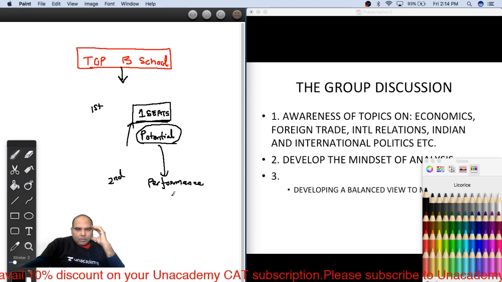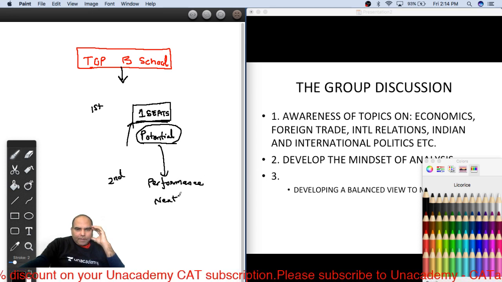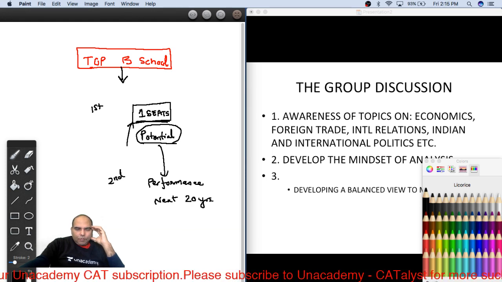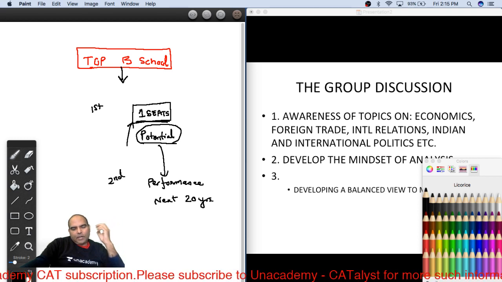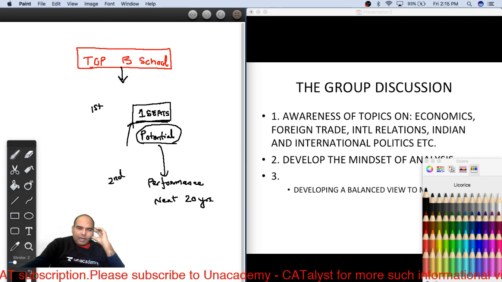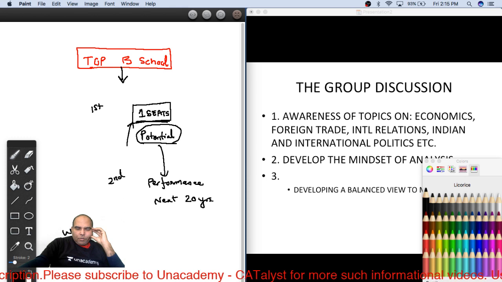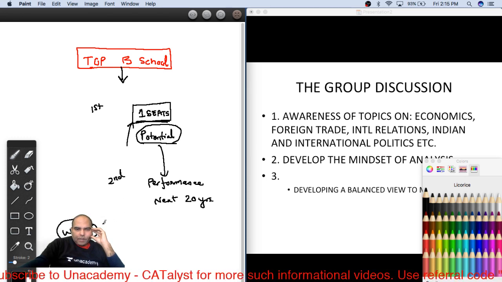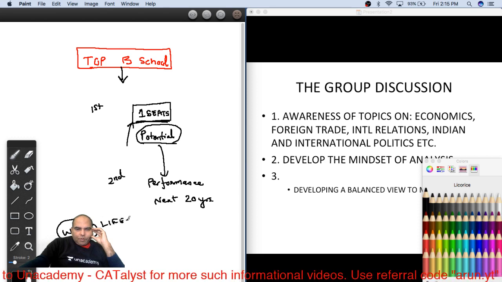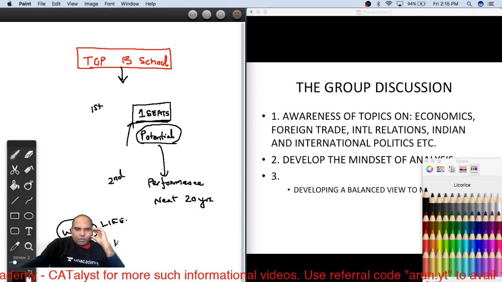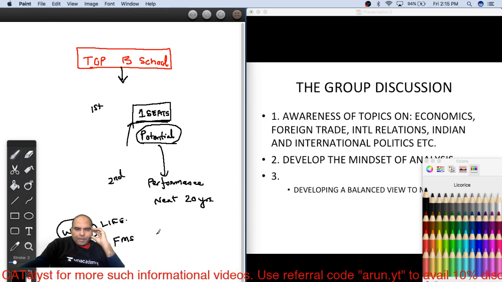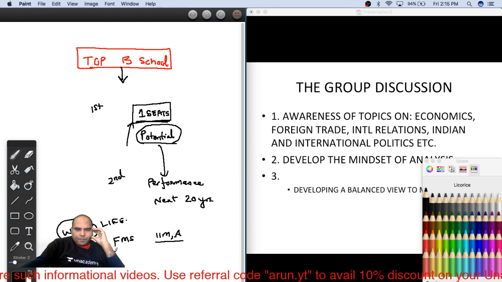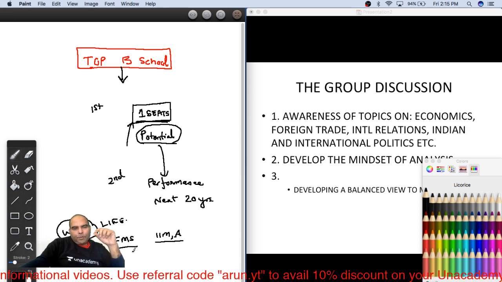Because if you're looking at an FMS or an IIM Ahmedabad, when you go out and hit the market and start your work life, everywhere you go, your institute, whether it's FMS or IIM Ahmedabad or whatever college you're going for, that institute is going to be known by you.